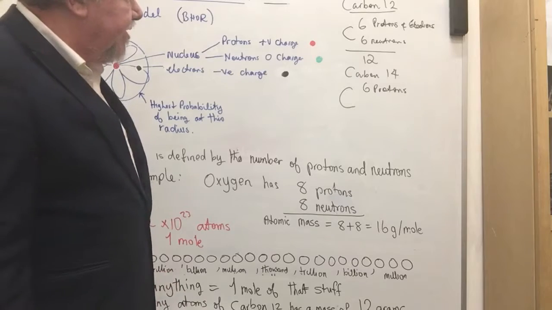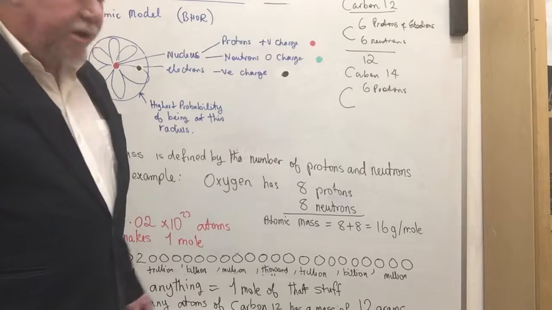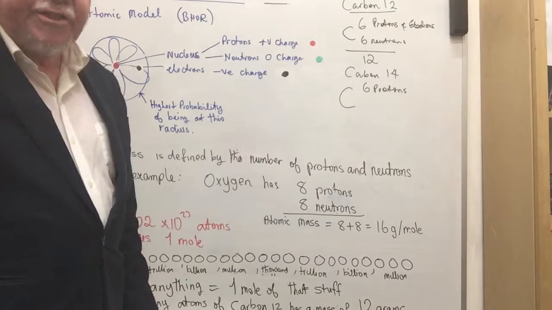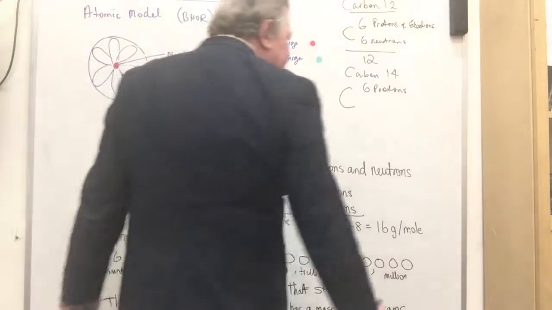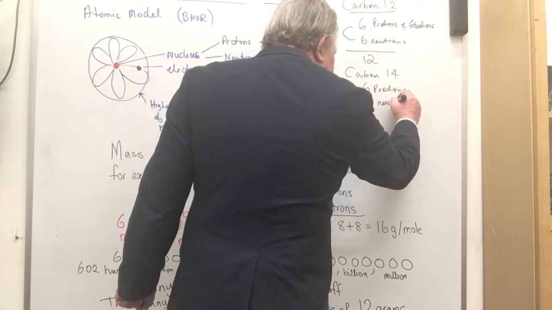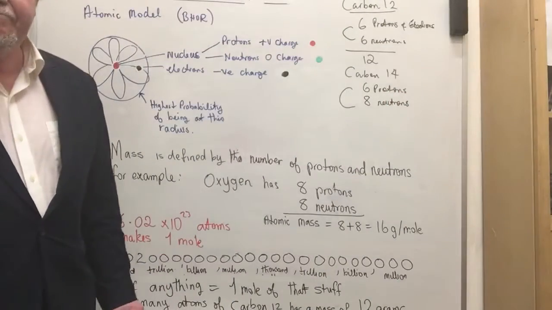If it had 7 protons, it would be nitrogen. If it had 8 protons, it would be oxygen. As it turns out, it still has 6 protons, but it's got 8 neutrons. That's what makes it different.